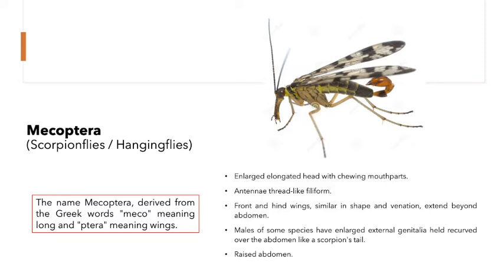The Mecoptera, scorpionflies, are a curious group of terrestrial insects that usually live in moist sylvan habitats. Both larvae and adults are omnivorous. Mostly they feed upon decaying vegetation and dead or dying insects.